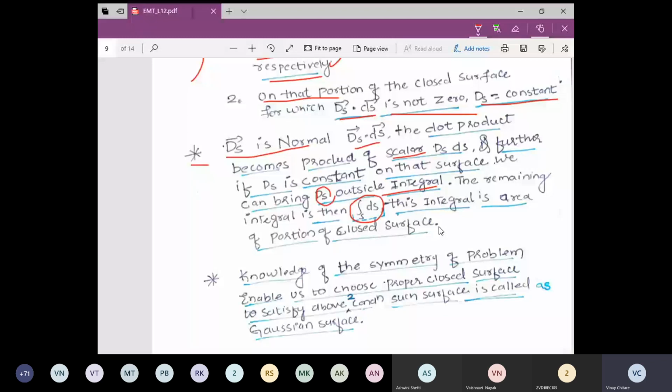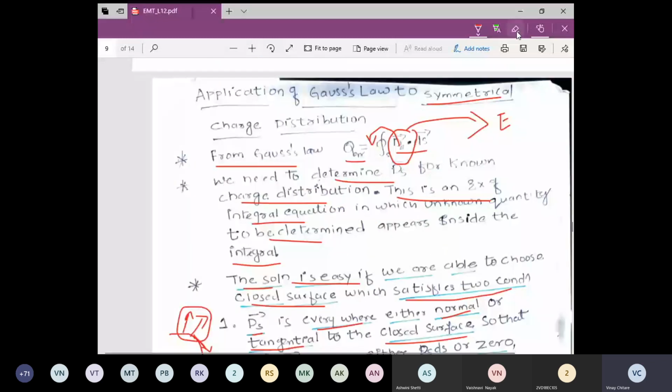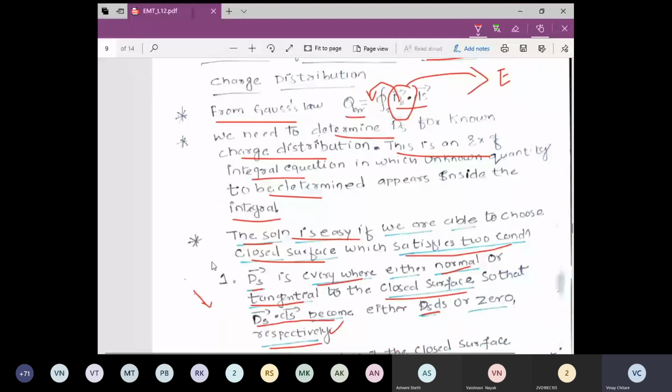What I'm really trying to tell is, for a given symmetrical charge distribution, say for example you have a point charge at the origin, we know that the flux lines are symmetrical. If flux lines are symmetrical, the flux density direction will also be the same.